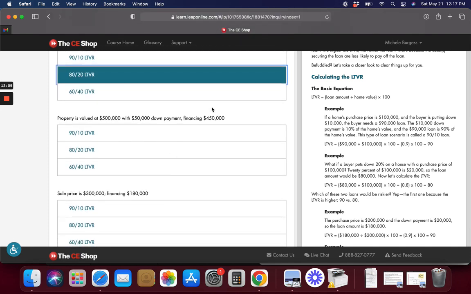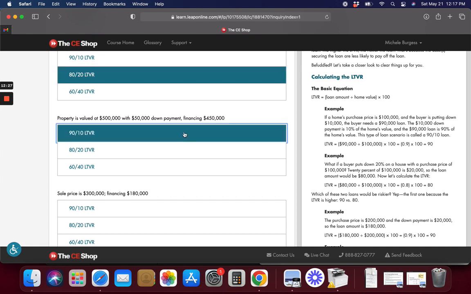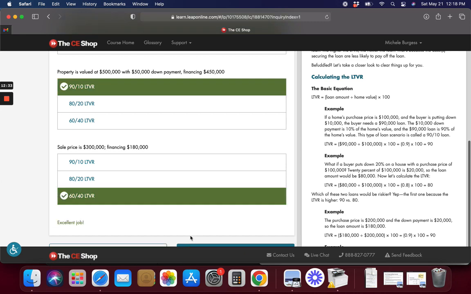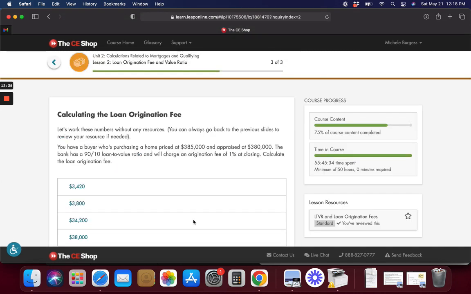And the same thing here, I guess 40, 50 divided by 450, right? Let me see. That one was 90-10. And I believe this one is 60-40. Okay, good. Let's move on.